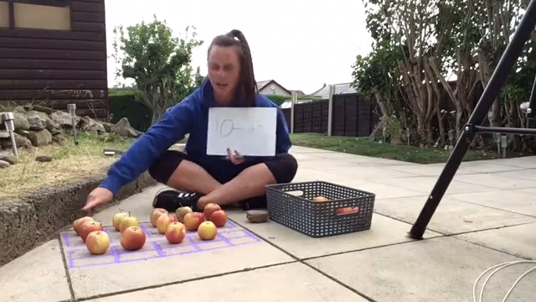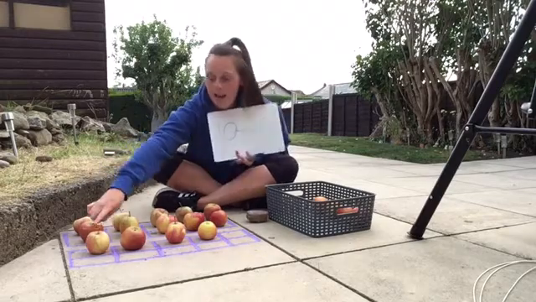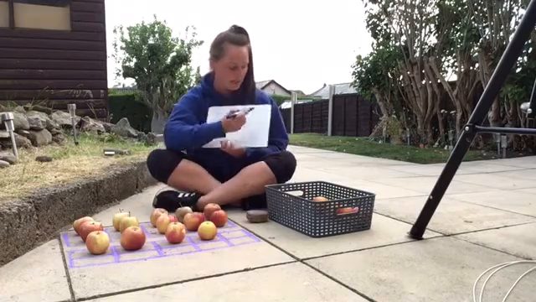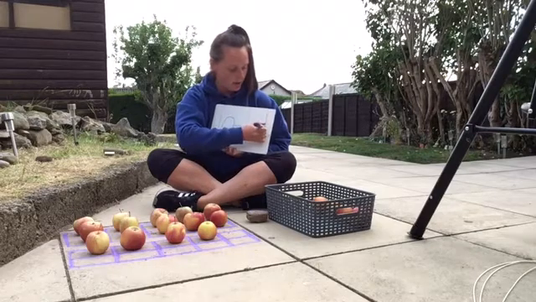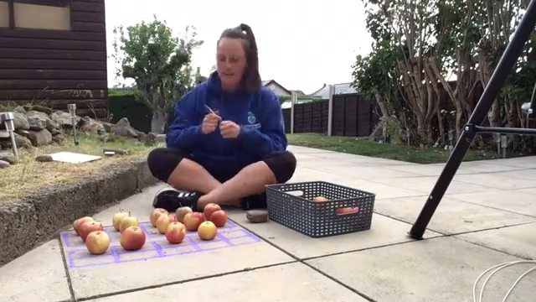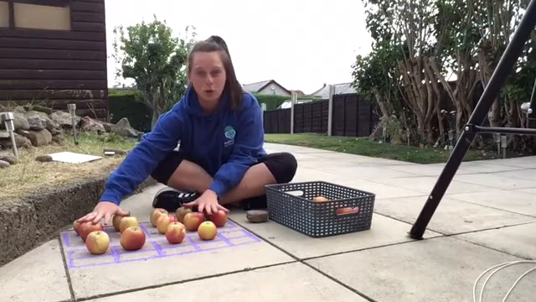We don't need to start counting again from the start here because we know we've got 10, 11, 12, 13, 14, so it's 1 ten and then 4 ones.